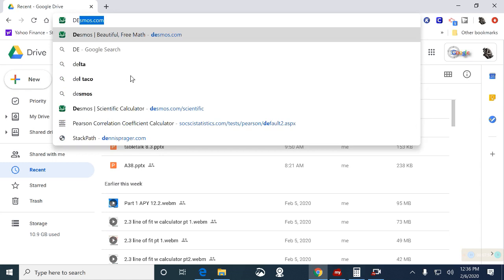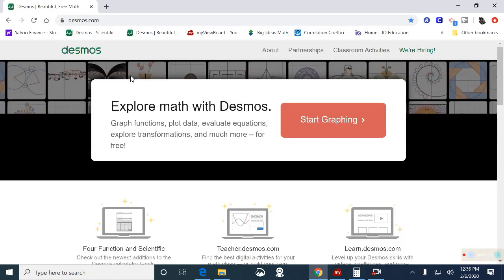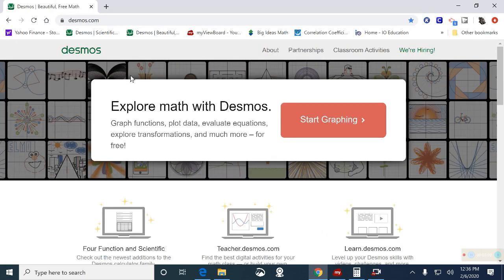Look at the way I wrote it. So go to desmos.com. I'm going to walk around and let me see everyone's screen having this on.